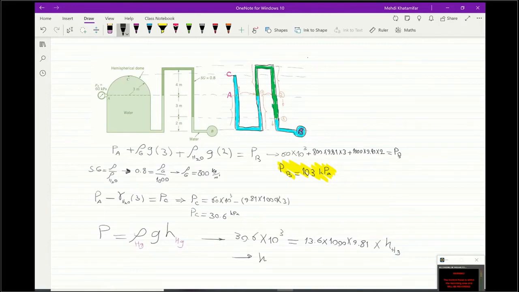So the height, if I use mercury, is going to be almost about 230 millimeters.